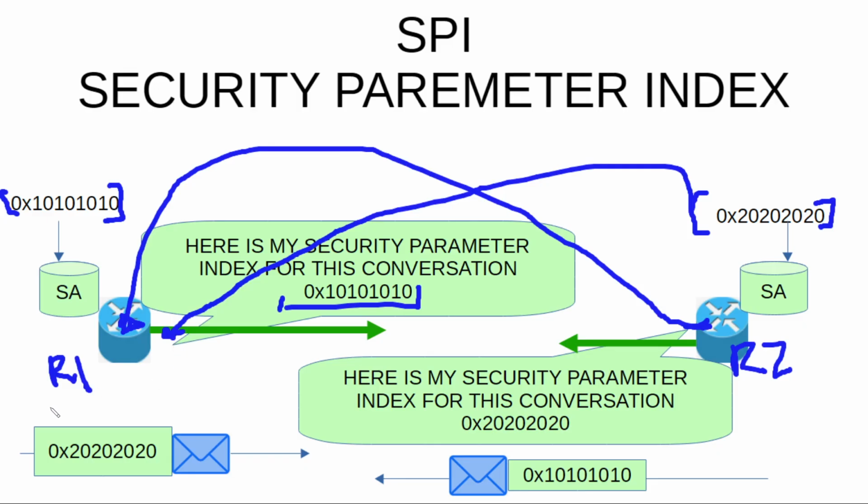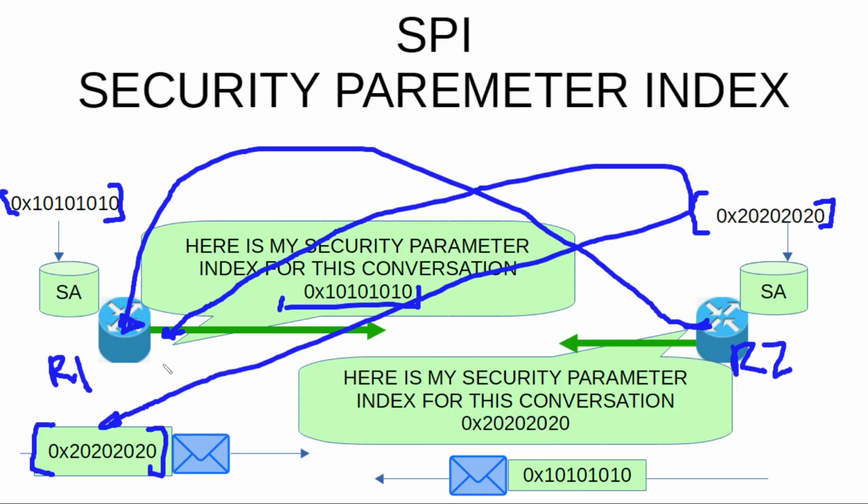So in this way, when router 1 wants to send a packet that belongs to this particular IPSEC conversation to router 2, it's going to add this particular number that router 2 shared previously. This is known as the SPI. In this case, this will be the outbound SPI.